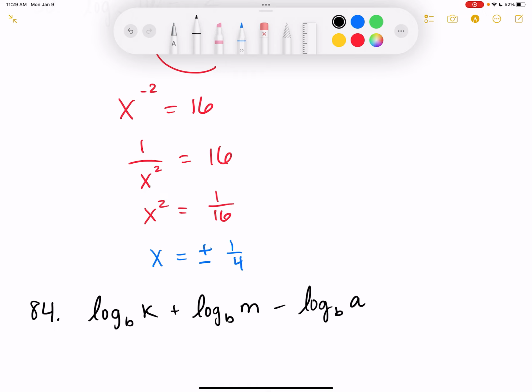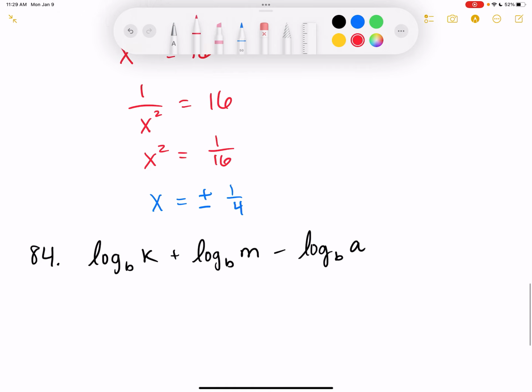So I always work left to right. We have log base b of k plus log base b of m. That's the sum of logs, which means I need to multiply what's inside of them. So I would have log base b of k times m, minus log base b of a. The goal is to only have the word log written once.